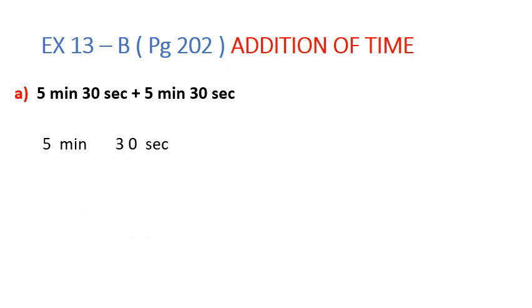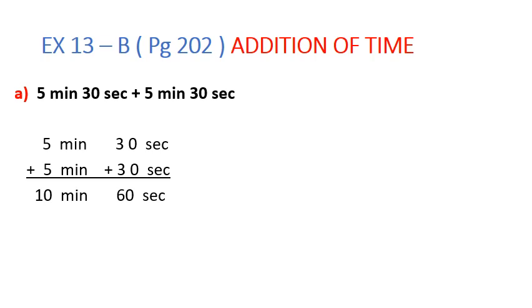Now let us start exercise 13b, page 202, addition of time. See the first question, A. 5 minutes 30 seconds plus 5 minutes 30 seconds. So when you add, we have to arrange them one by one down. Now we are going to add them separately.